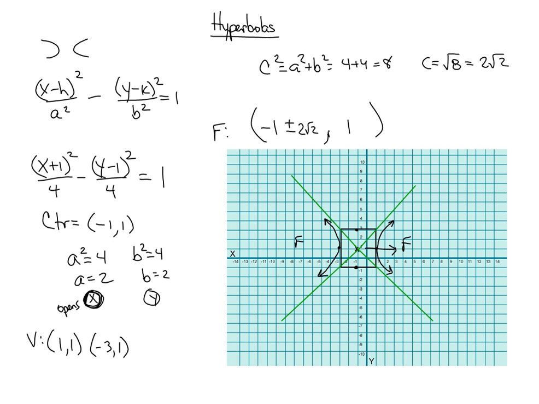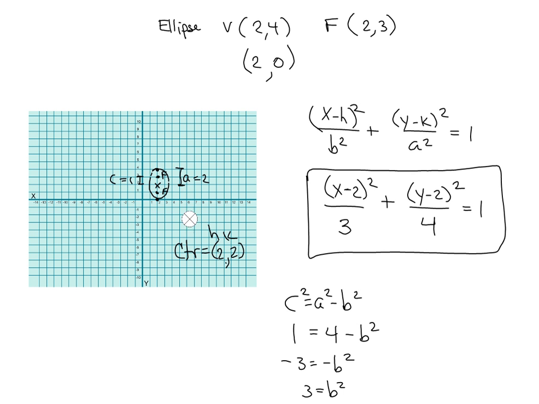They're always going to give you enough information so that you can figure out where the center is. Now, they may do it in different ways. One way is they can give you a pair of vertices or a pair of foci. They're always going to give it to you in some way where you can find the center. Or they could flat out tell you the center and then give you a vertex and a focus.